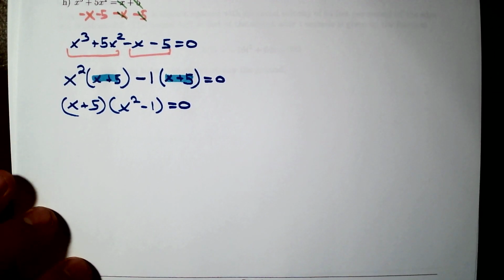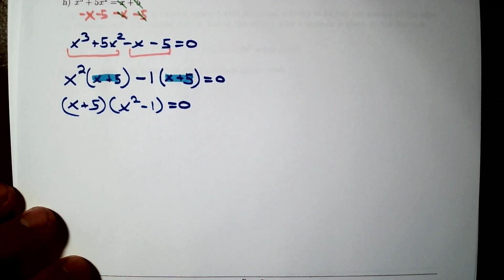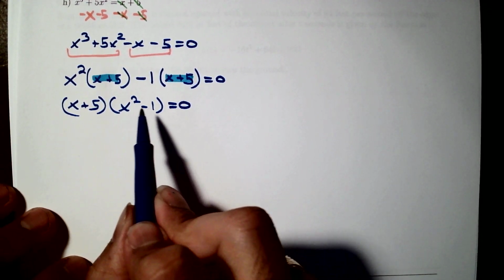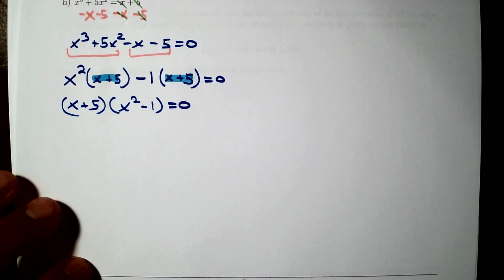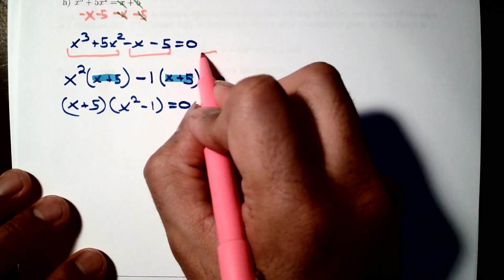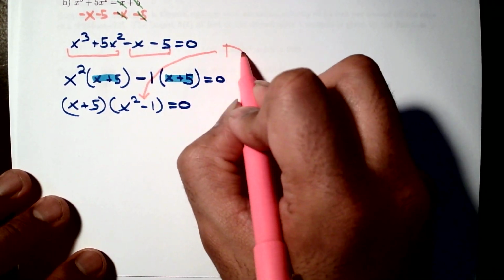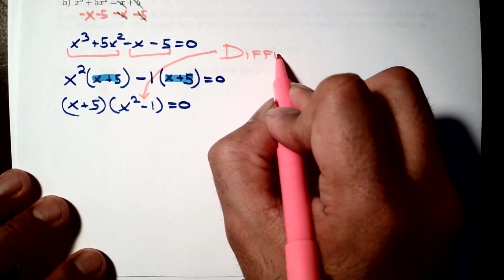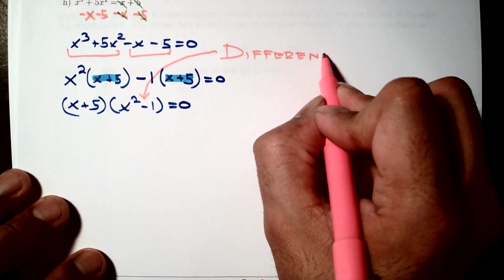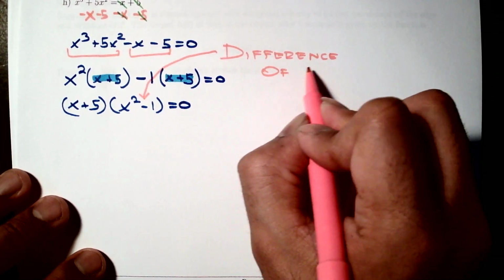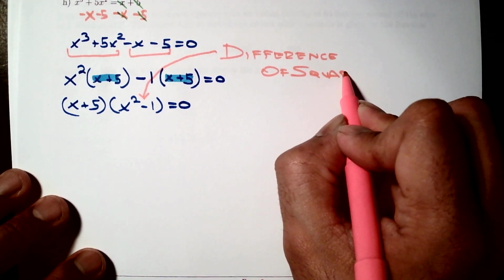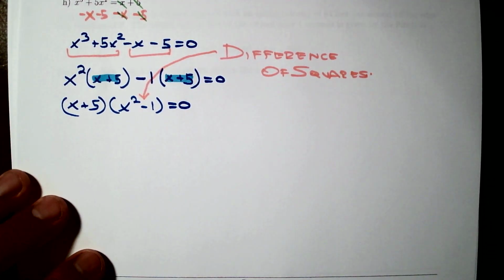So in this case, let's see. We think we're done, but not quite. Because just like the previous example, what do you see here? Another difference of squares. So we need to factor this a bit further.